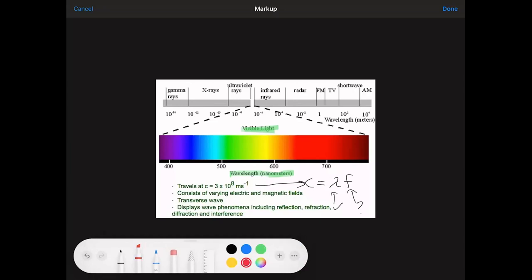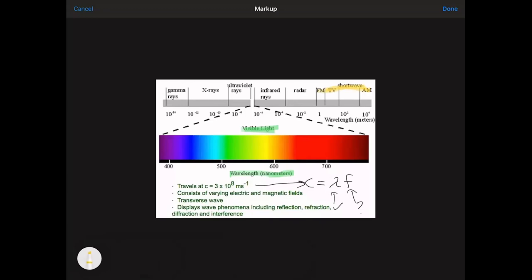Then you can go to the longer wavelengths on the right-hand side. And you can remind yourself that things like FM, TV, shortwave, AM, they're extremely long wavelengths. The way you can remember this is that they're going to travel long distances to get to you. Think of this conversation we're having: we're so far apart, but the electromagnetic waves are traveling through the air to get to you.